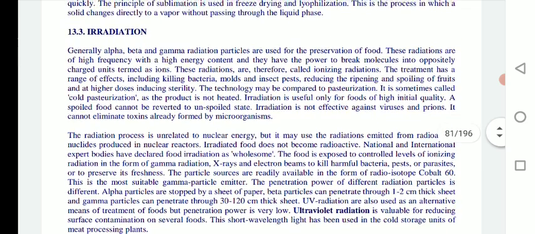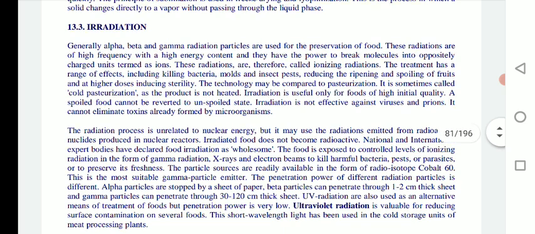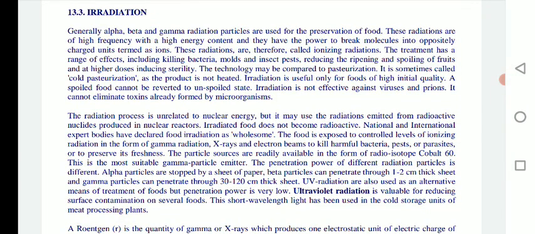Why do we call these ionizing radiations? Because after exposure to this kind of radiation, ions get formed, and these include alpha radiation, beta radiation, as well as gamma radiation. The treatment has a range of effects, including killing bacteria, mold, yeast and insect pests, and reducing ripening and spoiling of fruit, while other higher doses induce sterility. The doses are designed as per the quality and type of food.